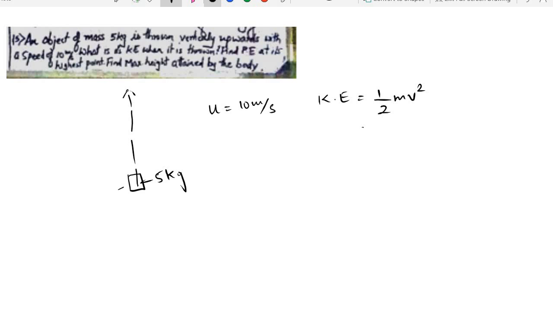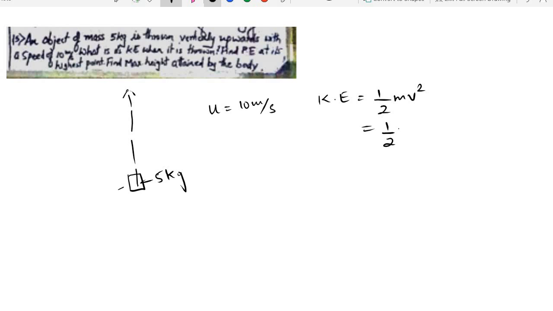An object of mass 5 kg is thrown vertically upwards with a speed of 10 meter per second. So this is 5 kg thrown up with the speed of 10 meter per second. So when you're throwing it up, the initial velocity that you have is 10 meter per second. What is the kinetic energy when it is thrown? We know kinetic energy is equal to half mv squared.